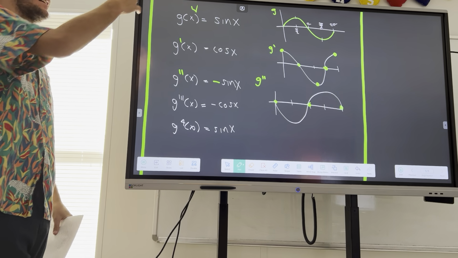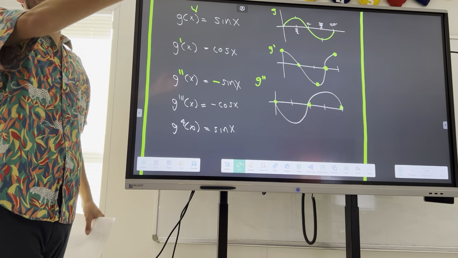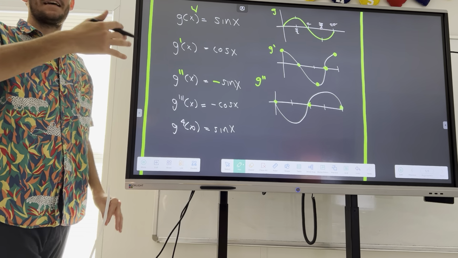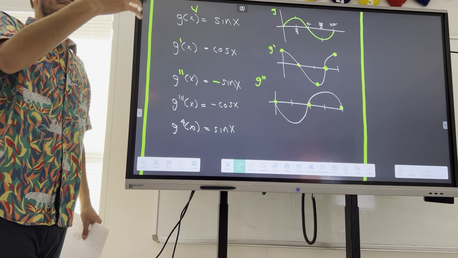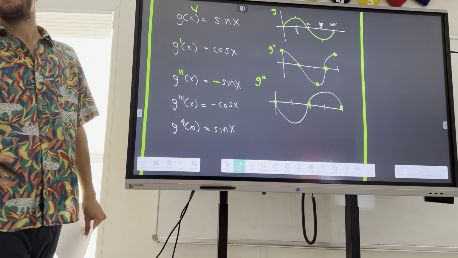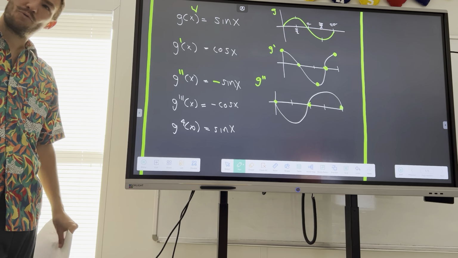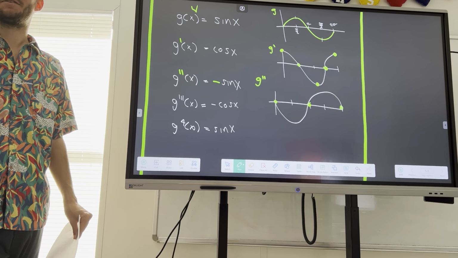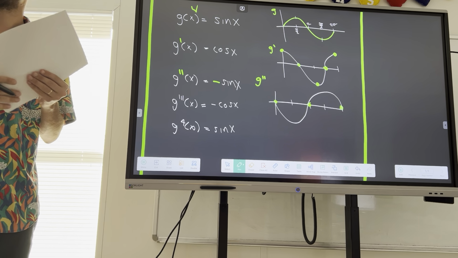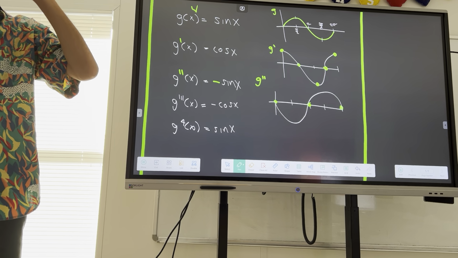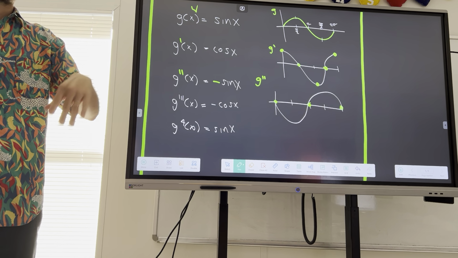Because if you have i to the 1, then it's just i. If you have i squared, it's -1. And then if you have i cubed, well, now it's an i and a -1, so now it's -i. And then if you have 4 of them, you're going to loop all the way back around to where you started. So that is kind of similar. It's not really related in any way, but it might connect 2 parts of your brain that can work together.